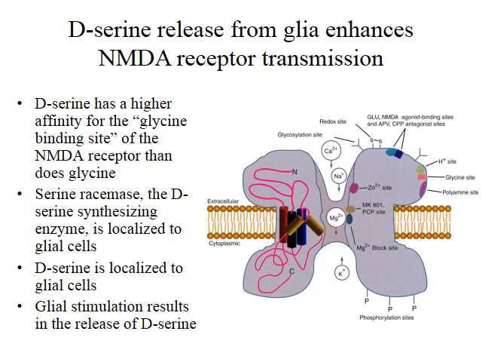Well, it turns out that if one does immunocytochemistry, D-serine appears to be localized primarily to glial cells, to astrocytes, and also the enzyme that is necessary for synthesizing D-serine, serine racemase, is also present primarily in astrocytes.